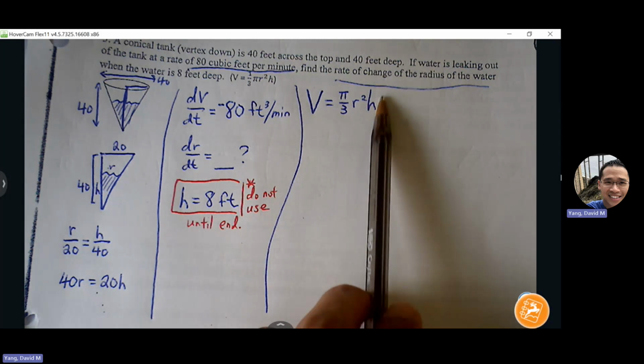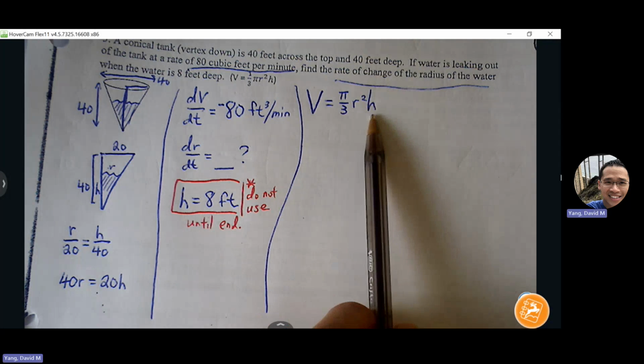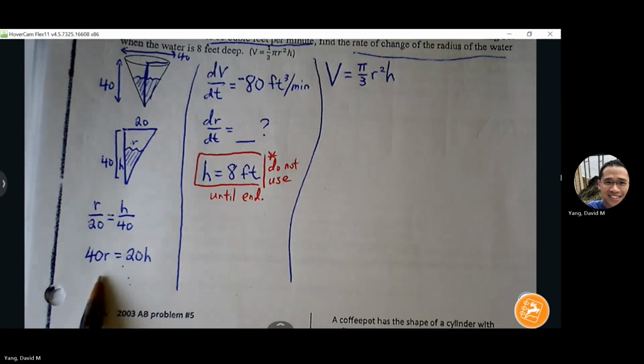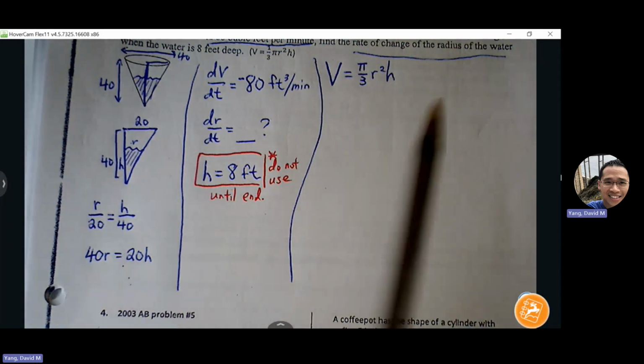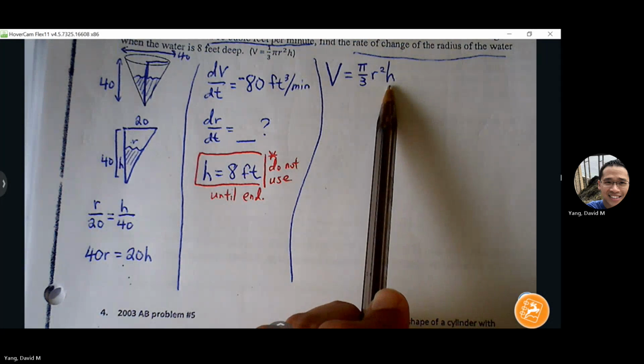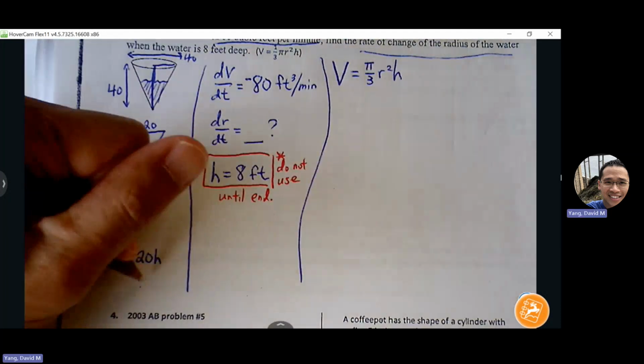So we want to find a replacement for h in terms of r. So which variable should we solve for here? H, right? If I solve for h, I can find a replacement for h in terms of r, and that can replace this piece here. Does everybody see why we're going down this path, or why we're making this decision here? Okay, good. So I'm going to solve for h.